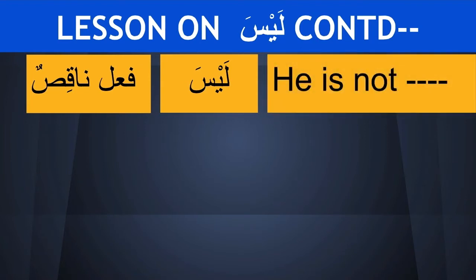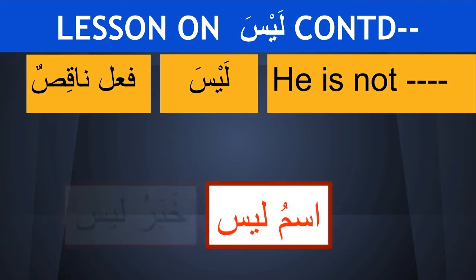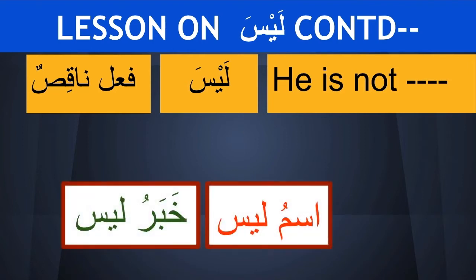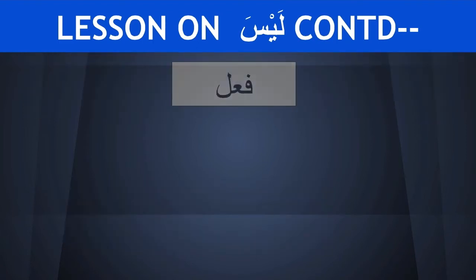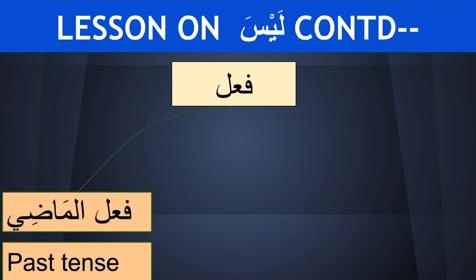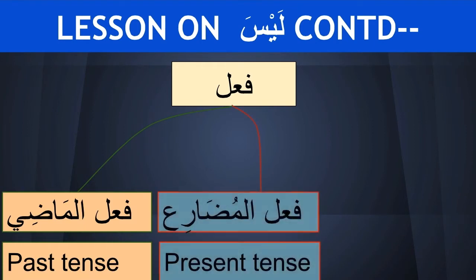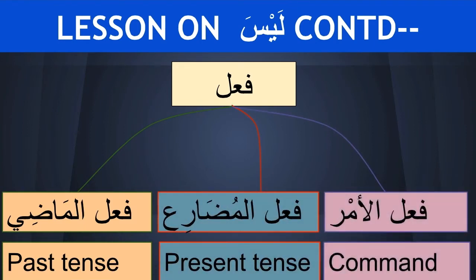And we know whenever there is Laysa, we have ism Laysa and we have khabar Laysa. So Laysa is a fi'l. And we know that fi'l, there are 3 types. So we have fi'l madi, and we have fi'l mudari, which is present tense, and we have fi'l amr, which is command.